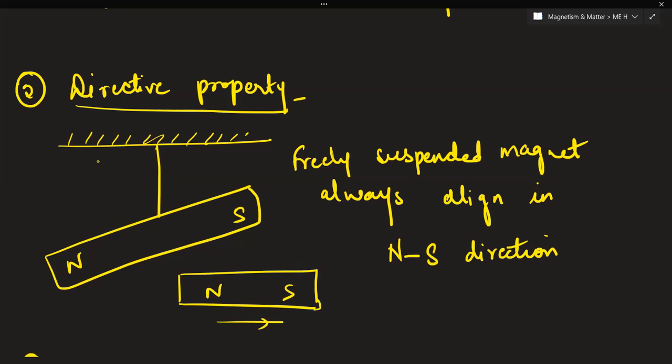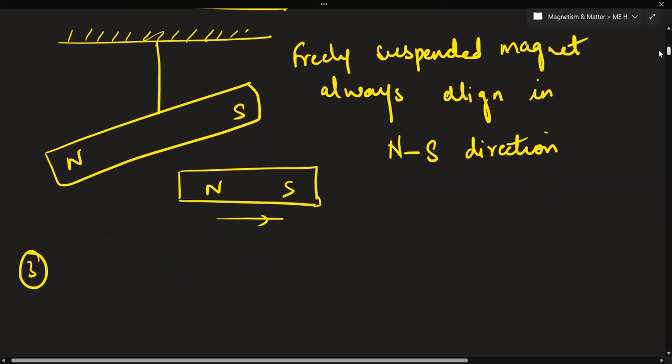A freely suspended magnet always aligns itself in the north-south direction. This is the directive property.